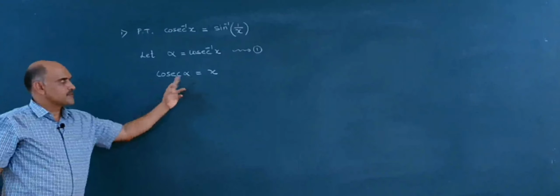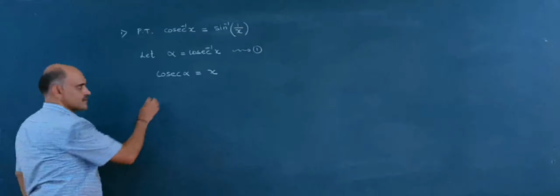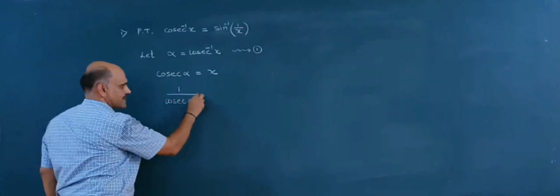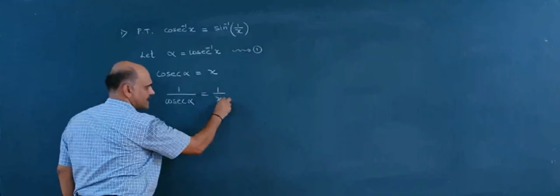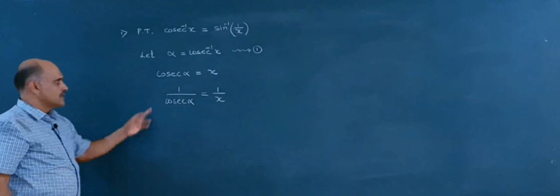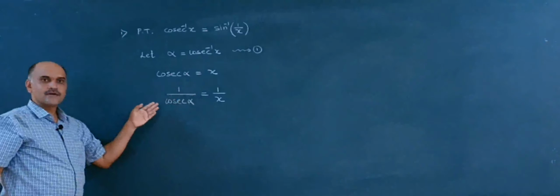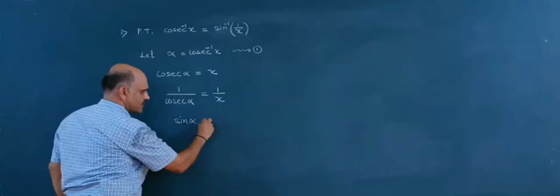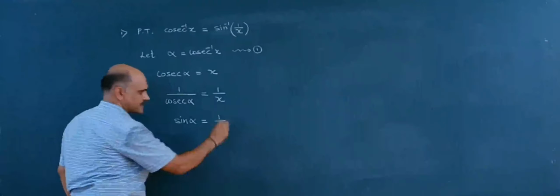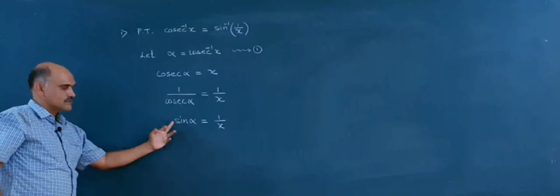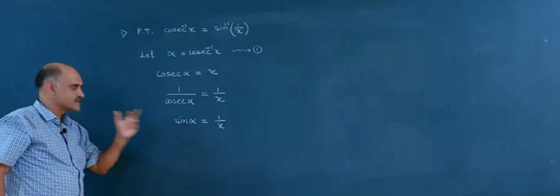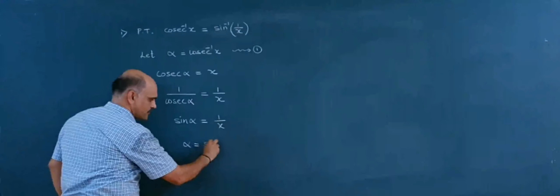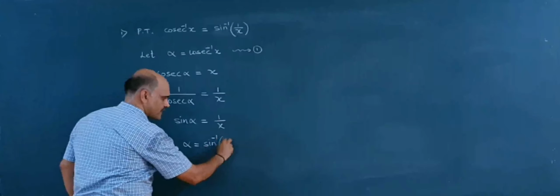Now take a reciprocal on both sides. So taking reciprocal, I can write 1 by cosec alpha is equal to 1 by x. But we know that 1 by cosec alpha is sin alpha. So you will have sin alpha is equal to 1 by x. Now send this sin to the RHS. So you will have alpha is equal to sin inverse 1 by x.